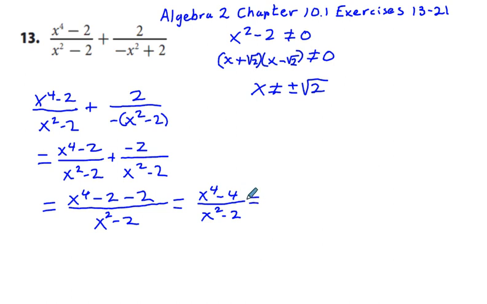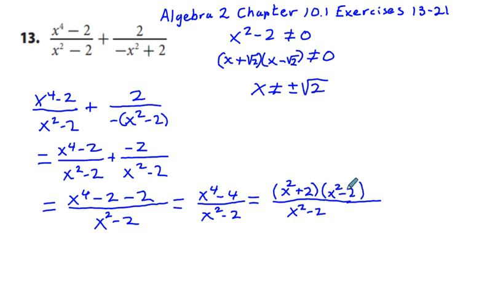Now we can use factoring, using the difference of squares. This x to the fourth minus 4 can be written as a difference of squares: the square root of x to the fourth power is x squared, and then we have plus or minus, the square root of 4 is 2. And now we have the denominator, we retain our x squared minus 2.